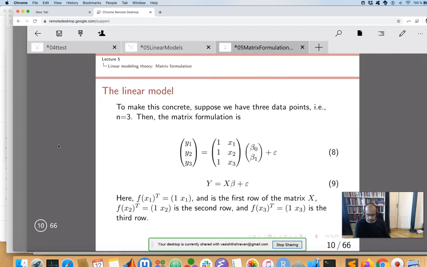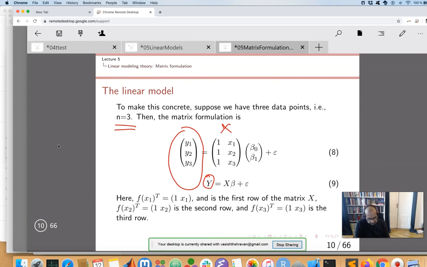So this is what the model is going to look like. Let's say I have 3 data points, just for simplicity. This is what the vector of the data looks like, the dependent variable which I'm writing as y here. My model matrix X is going to consist of 1s in the first column and my predictors x1, x2, x3 in the second column.